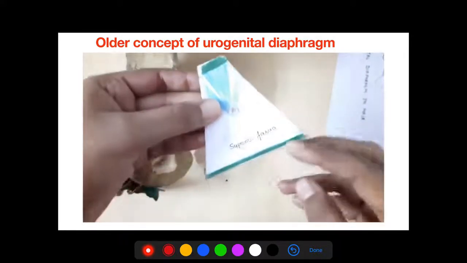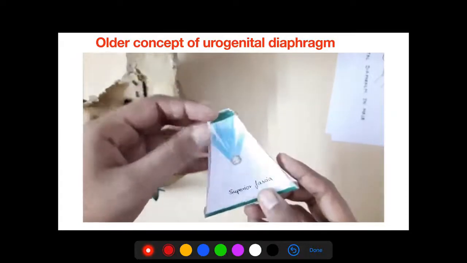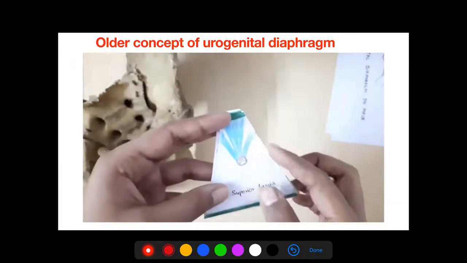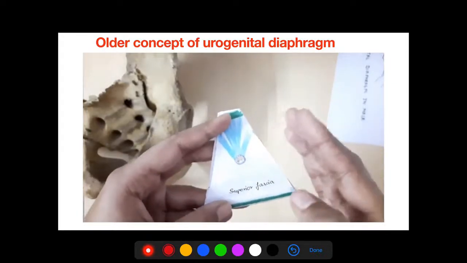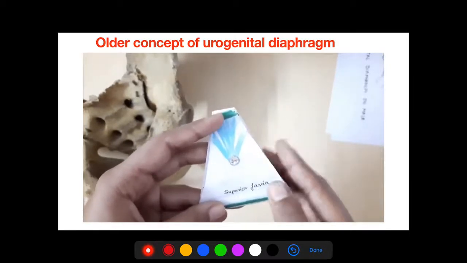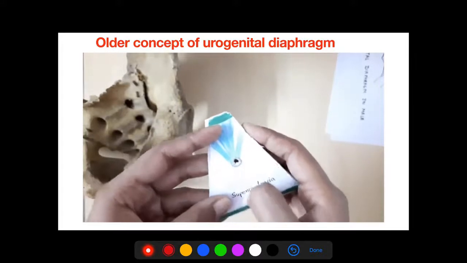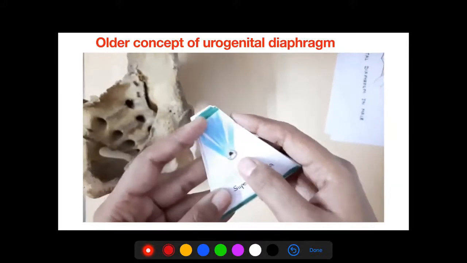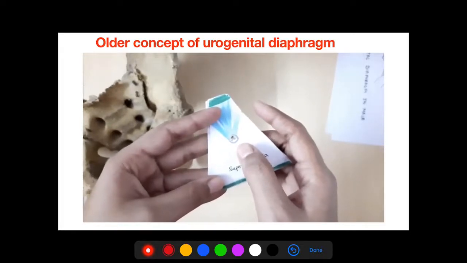Anteriorly and posteriorly it is attached to the perineal membrane. Laterally it is attached to the medial border of the ischiopubic rami, and thereafter it is continuous with the obturator fascia. And the middle portion of this fascia becomes thick because it occupies the genital hiatus.